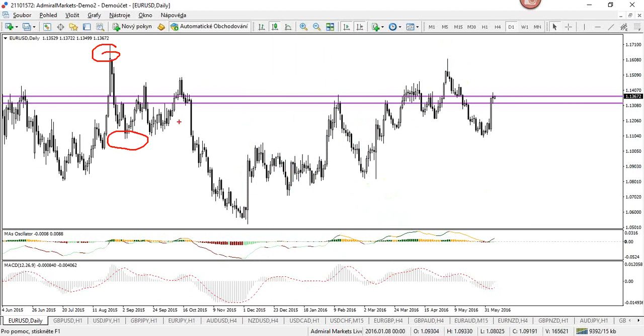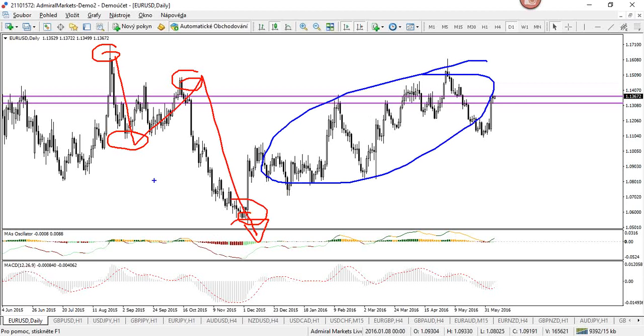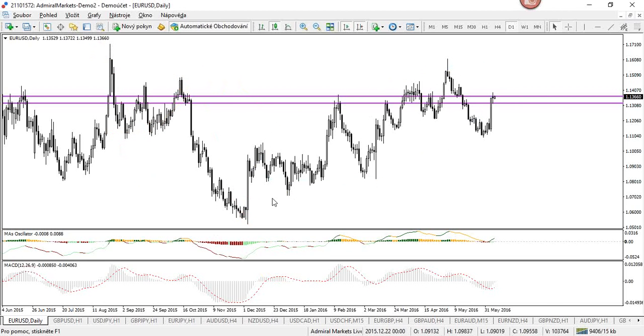This is a swing high, swing low, and this is a swing high, swing low. 1, 2, 3. And then we see a big corrective zone after that. So this is an A, B, C. All right, so that's how you can basically use the oscillator to get an idea about the swing highs, swing lows, and then you have a better idea about the wave formations as well.